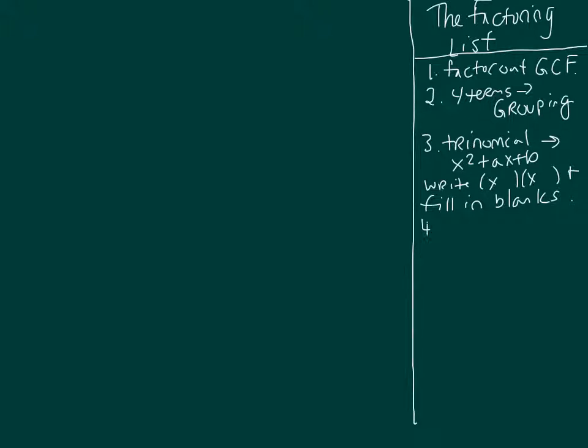If we have a trinomial and it does have a number in front of x squared, then we're going to try to use trial and error.